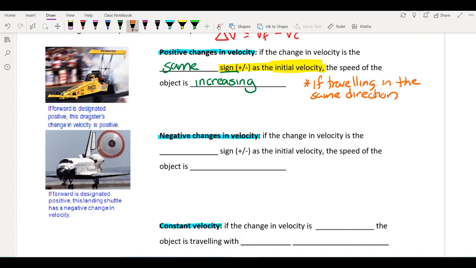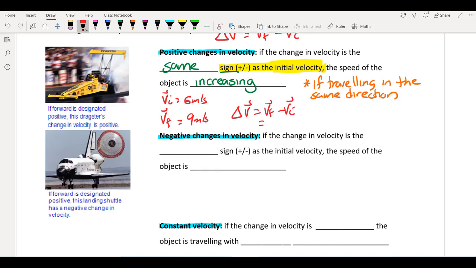So let's just have a quick example here. So if I were to say calculate change in velocity, okay, and let's make up some numbers here. And we'll say initial velocity is 6 meters per second. Final velocity is 9 meters per second. Right? What is the change? Well, the change in velocity is always the final minus initial. So final velocity minus the initial velocity.